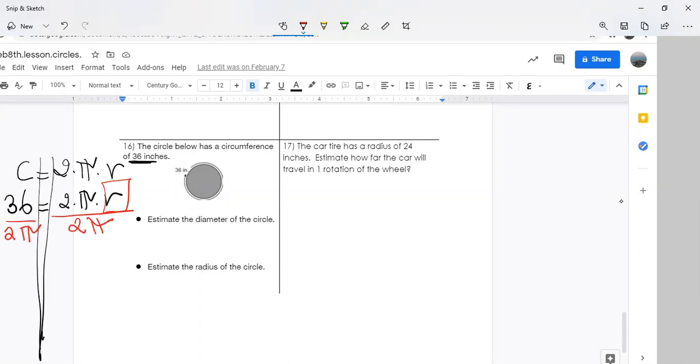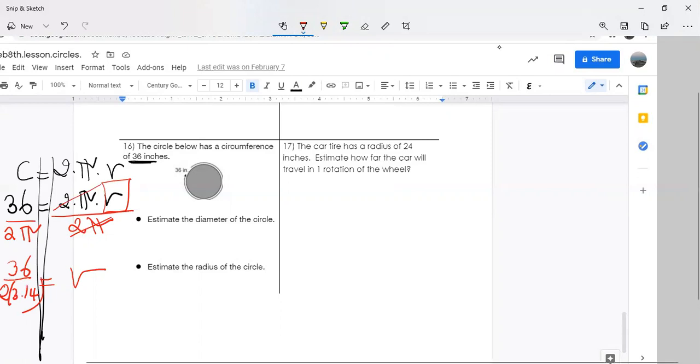Okay. So here it cancels. I am left with r is equal to 36 divided by 2 pi, which is 2 times 3.14. Okay. And then I put that in my calculator. So okay, I get a radius equal to 5.73 inches.